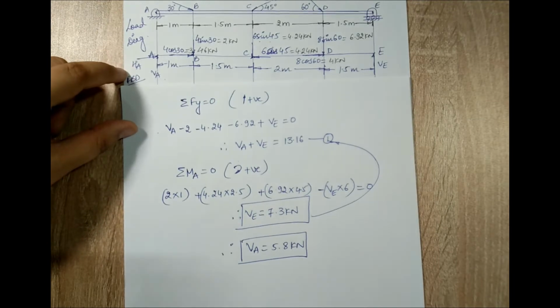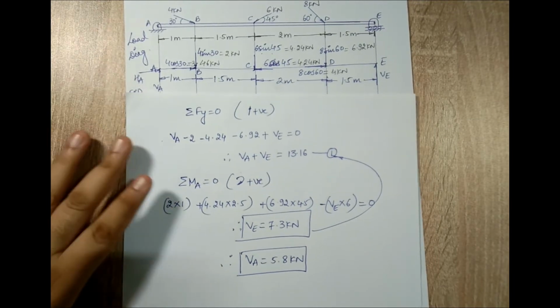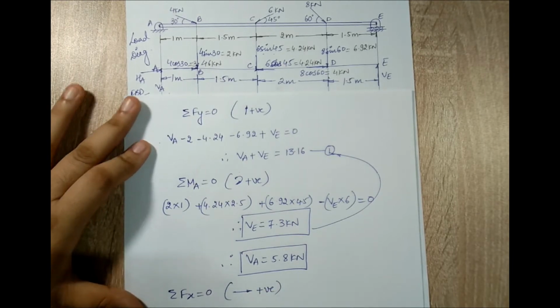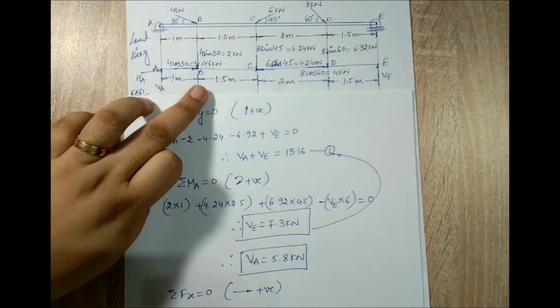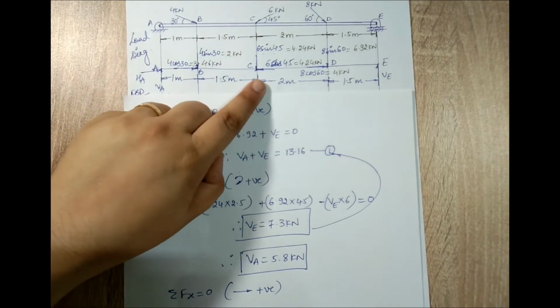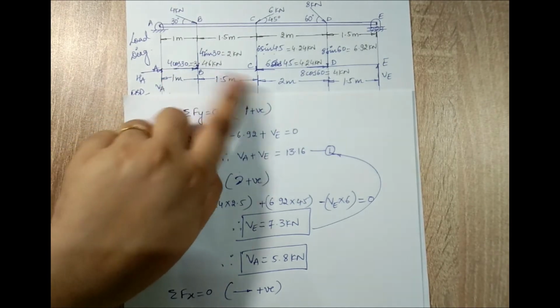Next I'll calculate the value of HA as well. So for this I am going to take summation of force along x-axis is equal to 0. I will be considering any force going towards the right as positive. So I have HA going rightwards plus 3.46. I have minus 4.24 because it is going towards the left.